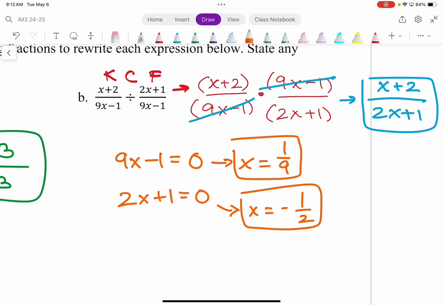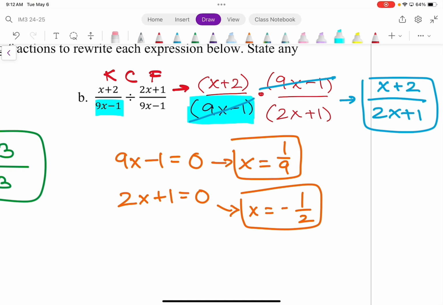9x minus 1 because that's part of the denominator. I did cross it out, but when you find excluded values, you have to find them for any factor that was at one point in the denominator. Otherwise, you're not finding all excluded values. If you just take the denominator of this one right here, 2x plus 1, and just find that one, that is not going to include all excluded values.